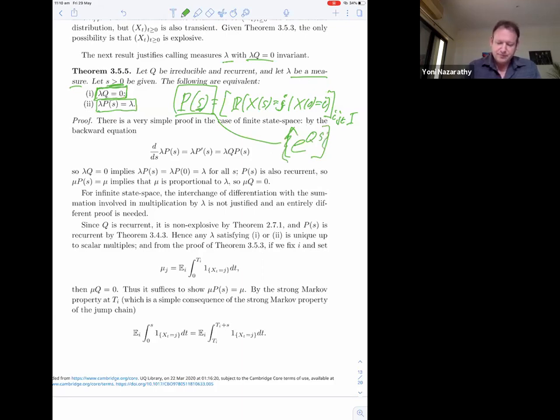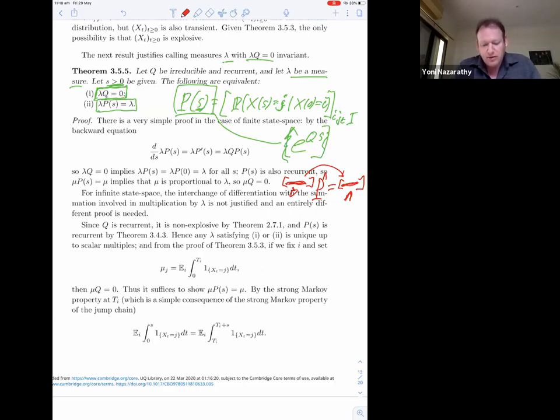You know well from discrete time Markov chains that if you have a left probability vector and multiply it by P, you're getting the distribution at the next time, and by P to the power n, you're getting the distribution of the states at discrete time n. Now, what does invariant mean? It doesn't vary.